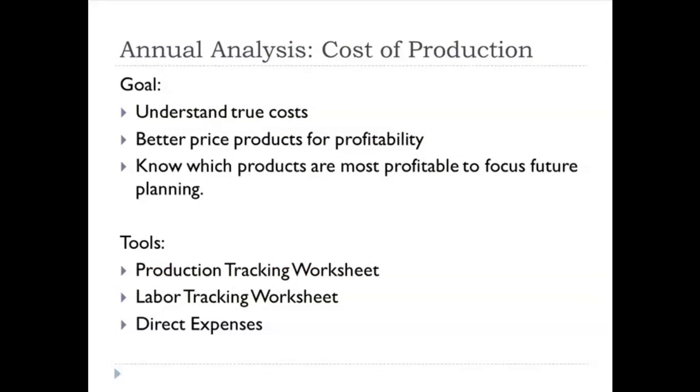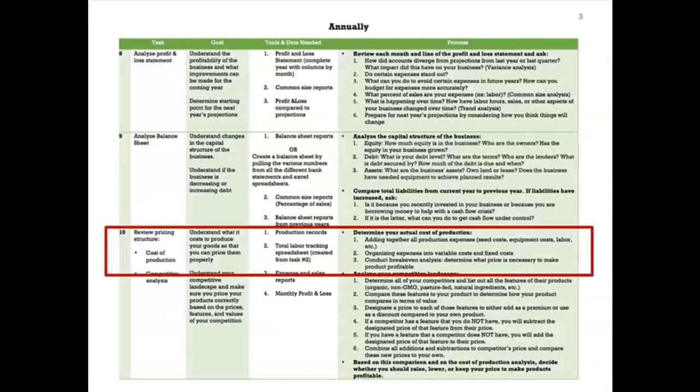So here is actually a really good example of how this ties into the operational tasks that you've been doing all along and how it builds on itself. Two of the things that you need to analyze your cost of production are your production tracking worksheet and your labor tracking worksheet. I'm actually just going to go back 2 slides.